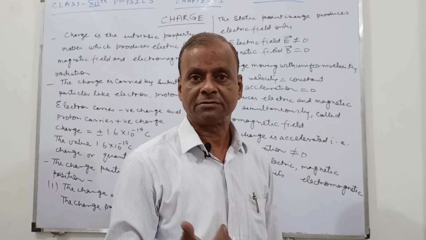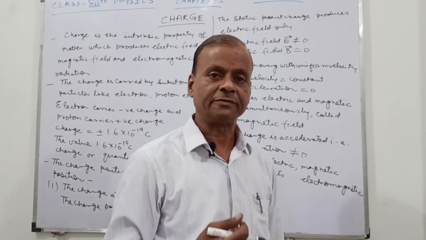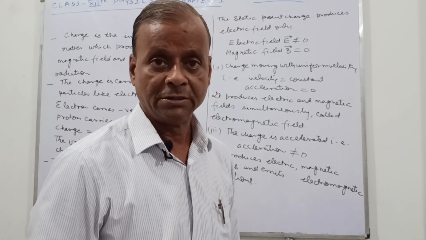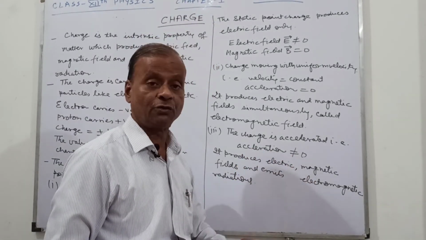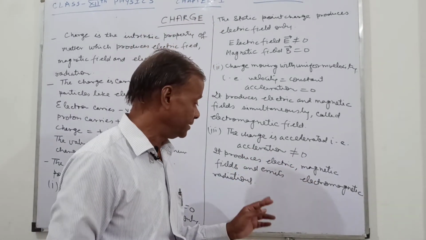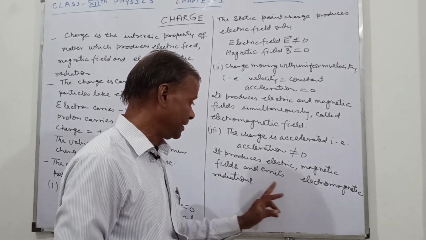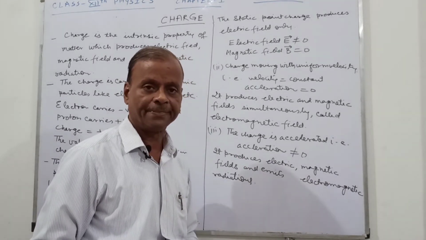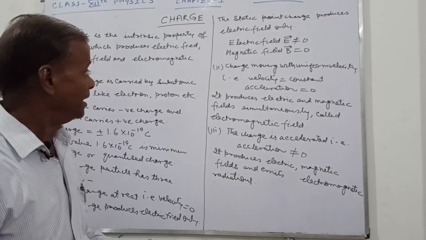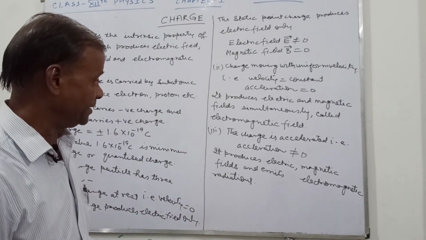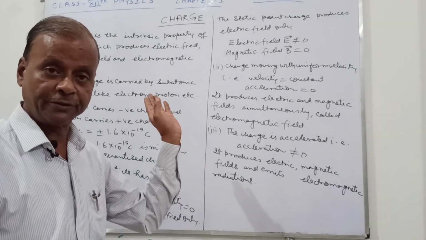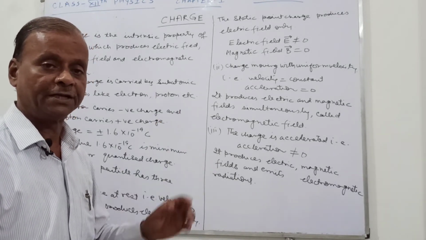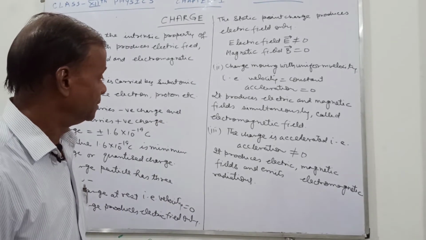If we rotate it or move it with high speed so that its acceleration becomes not equal to 0, then in that case it will emit the electromagnetic radiations. So the differences in all these three are that the particle is at rest, the particle is moving with uniform velocity, or the particle is accelerated.